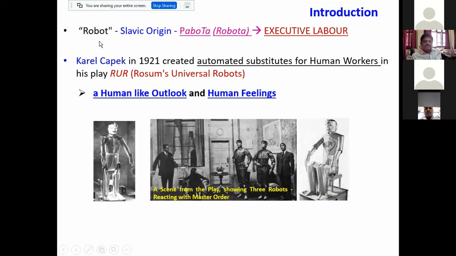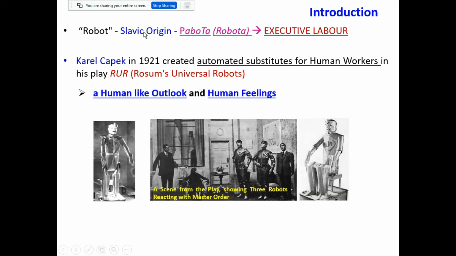As we know, the word robot is of Slavic origin, and it was derived from the Russian word robota, which means executive labor, forced labor.